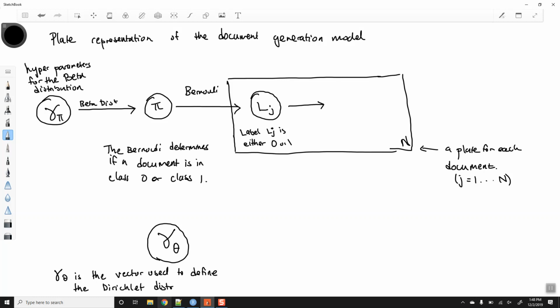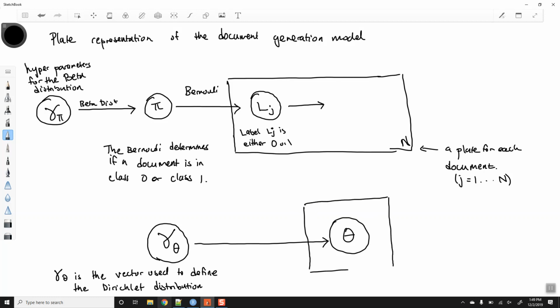And from the Dirichlet distribution, this is going to be our prior, and we're going to get a vector theta.